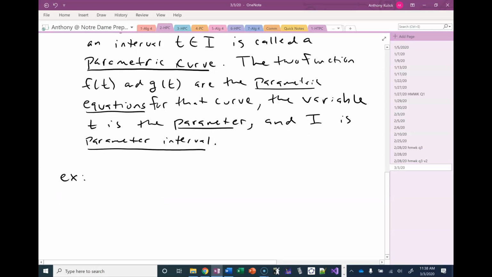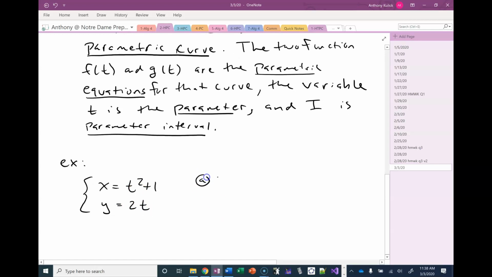So let's say that we have the parametric function where x is defined by t squared plus 1 and y is defined by 2t. And we're going to graph this on 3 different intervals and take a look at what the graphs look like. We're going to use our calculator to do this.